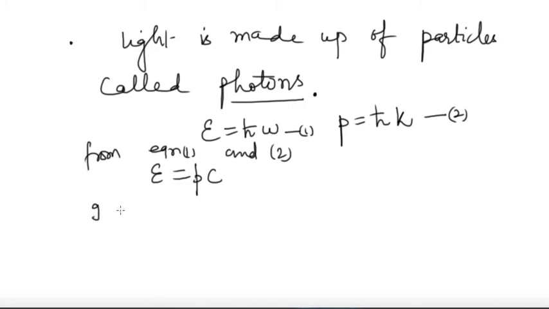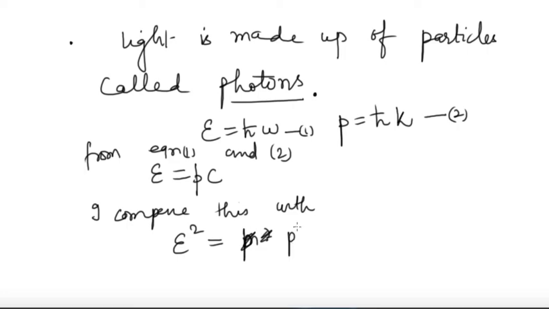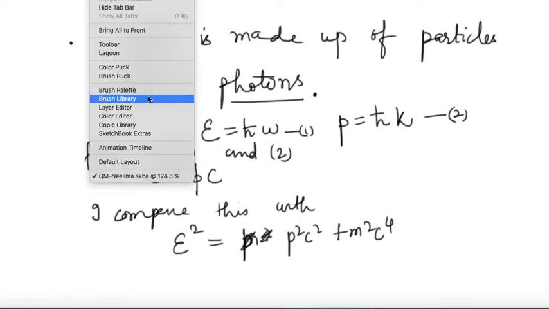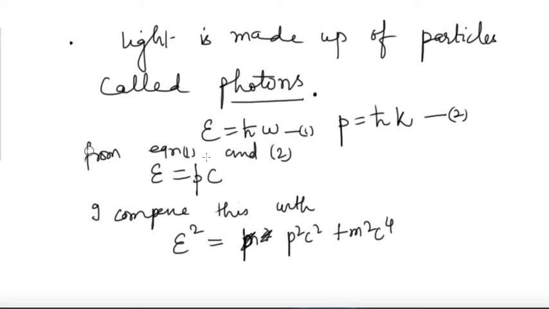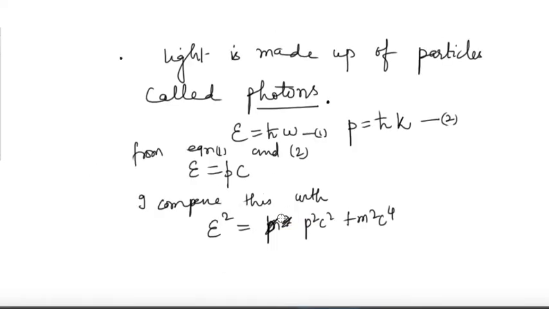If I compare this equation with the relativistic expression of energy, E square is equal to p square c square plus m square c to the power 4.